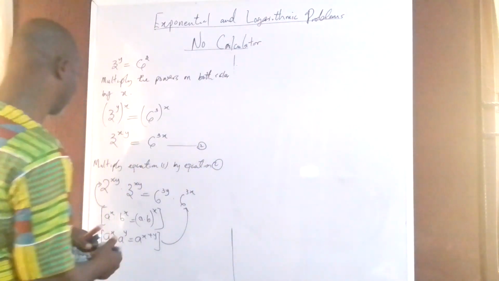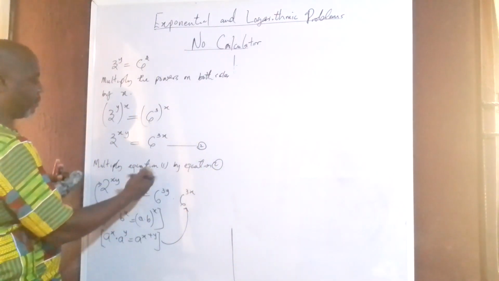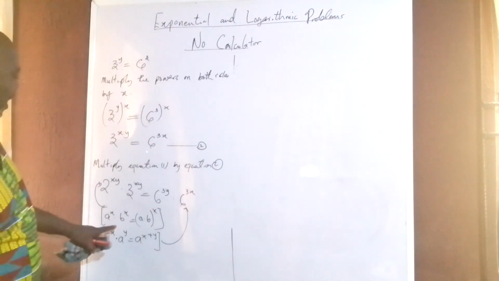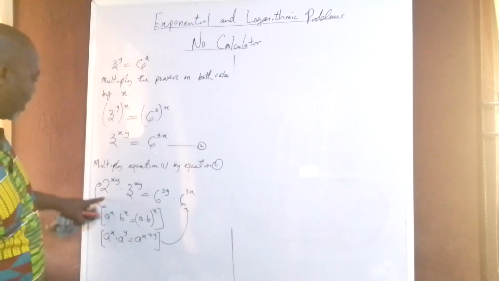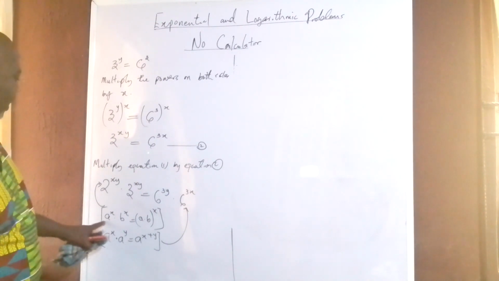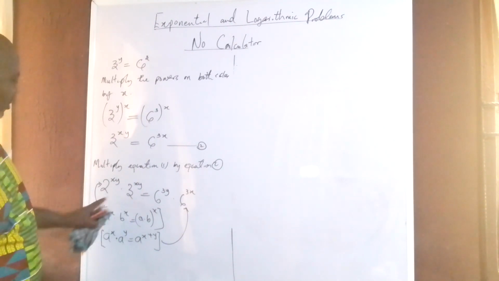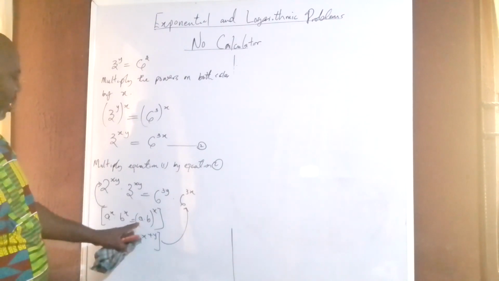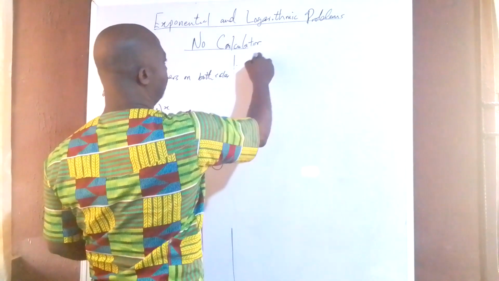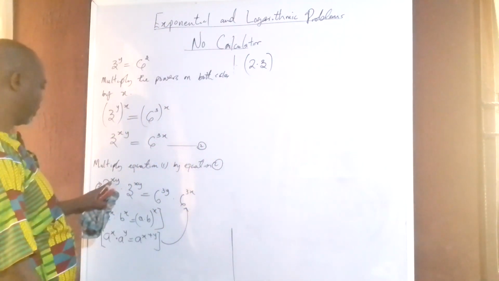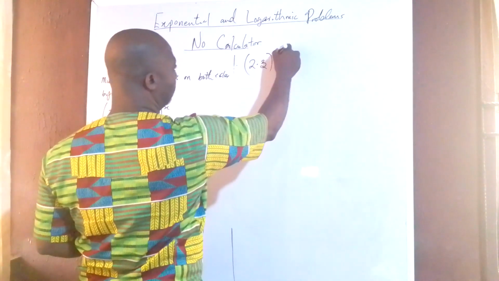So multiply equation 1 by equation 2, which we have carried out, and then let's apply this law to the left hand side. a is 2, b is 3, so by the time you multiply 2 times 3, we get 6. So we have 2 dot 3 all to the power of xy.